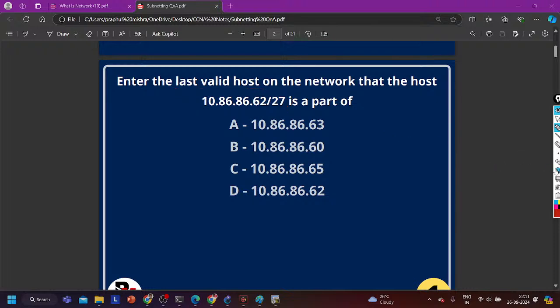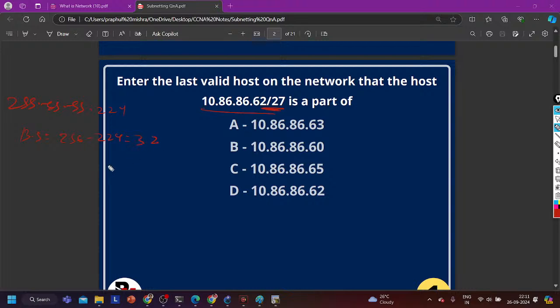So guys, how to find the network ID of this IP address? The slash value is 27, which means the subnet mask will be what? I have borrowed 3 bits, so 224. Correct? That means the block size is 256 minus 224.